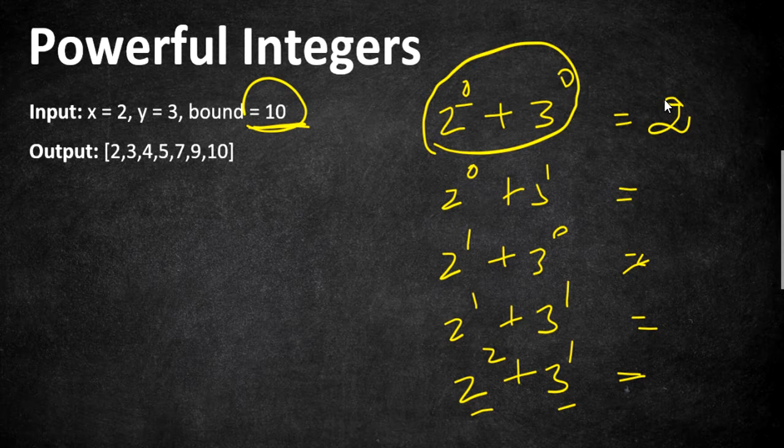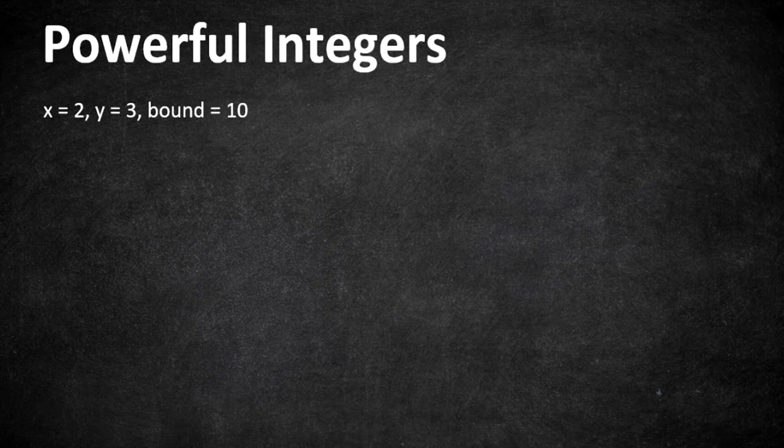Sometimes we'll be lucky to have our brute force solution itself as an optimal solution. As this is a brute force solution, we are going to have two for loops, which iterate over the values of i and j. By keeping the value of i constant, we try out all possible values of j.